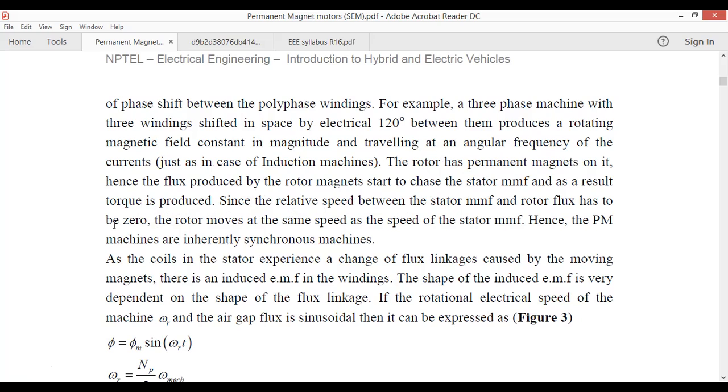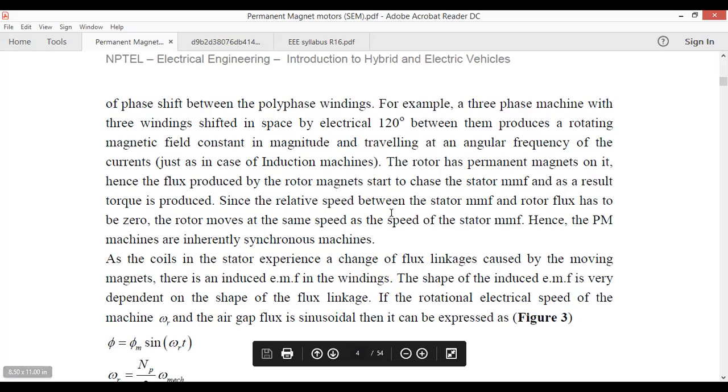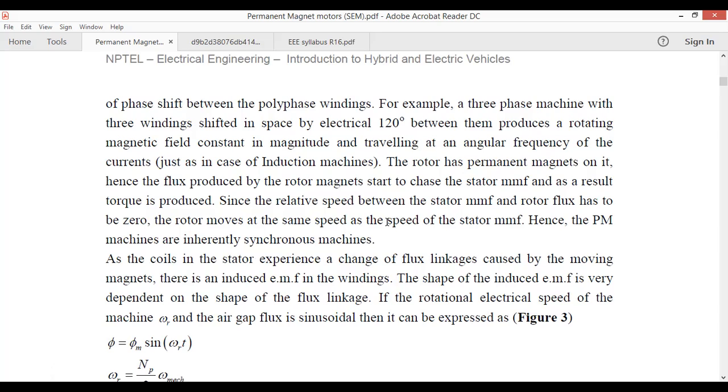actually, in an induction machine the relative speed difference has a nonzero value, but here it should be zero. The rotor moves at the same speed as the speed of the stator MMF. Hence, permanent magnet machines are inherently called synchronous machines. Synchronous machines and induction machines come under the AC category, alternating current supply category.